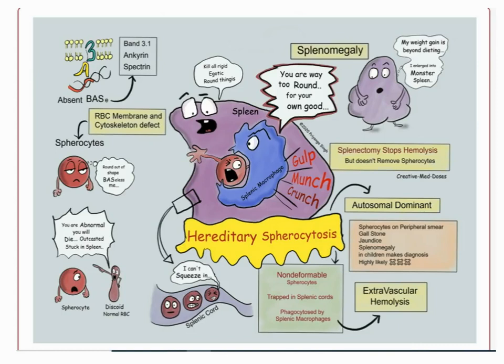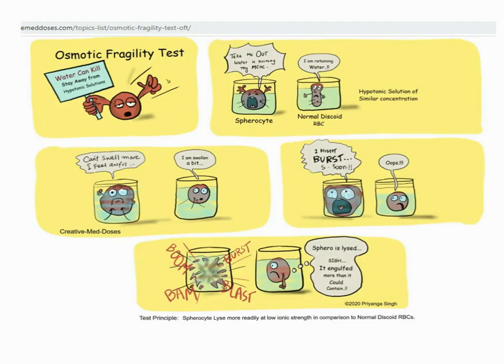The patient with spherocytosis is diagnosed by the blood film. The blood film shows spherocytes, not discoid RBCs, but the sure diagnosis is the osmotic fragility test, because the defect in the RBC wall can't withstand hypotonic solutions.